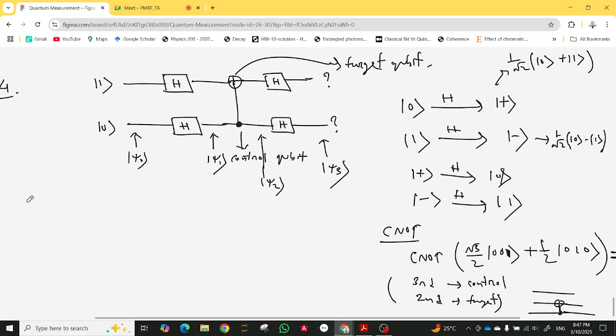Okay, now step by step. First is psi0. What is your psi0? First is 1, second is 0, right? Psi0 is 1, 0. This is your input state. This is your input.